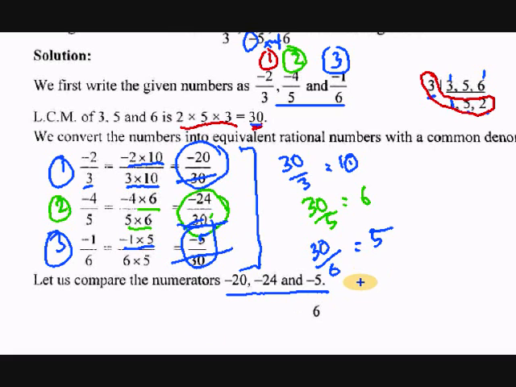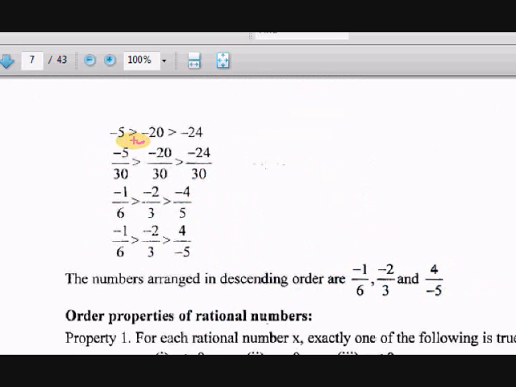We know -5 is greater than -20, which is greater than -24, which gives this order. The original fractions that belong to these equivalent fractions are written here. So we have rearranged the given three rational numbers in descending order.